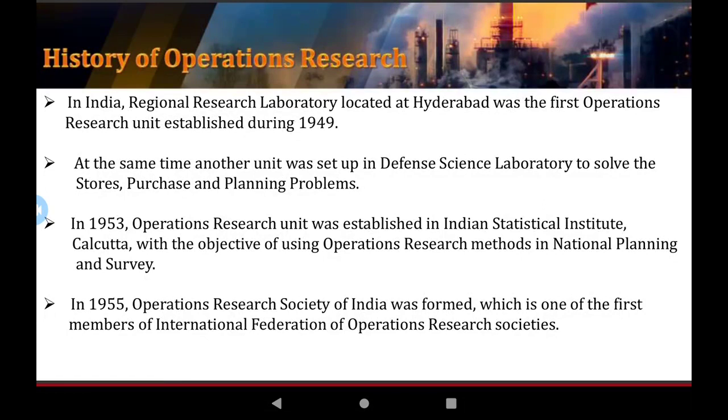For large projects, Operation Research provided solutions for problems and models, and provided some of the tools of Operation Research. Okay.